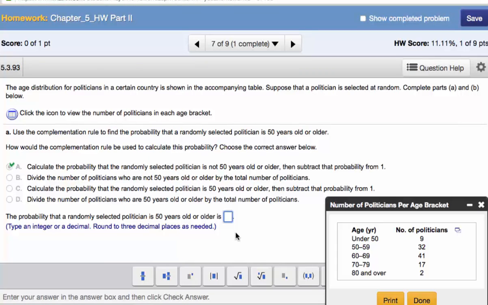So let's use it. We want 1 minus, how many total are there? 2, 19, 60, 101. And so we want 1 minus 9 over 101. So 9 over 101 is, and then 1 minus that.